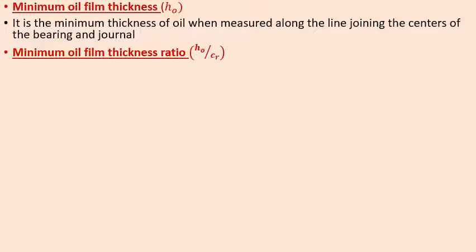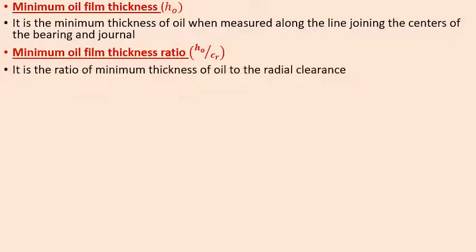And one more term which we frequently use is minimum oil film thickness ratio, which is indicated by H naught by CR. So this is nothing but the ratio of the minimum film thickness of the oil to the radial clearance of the bearing.